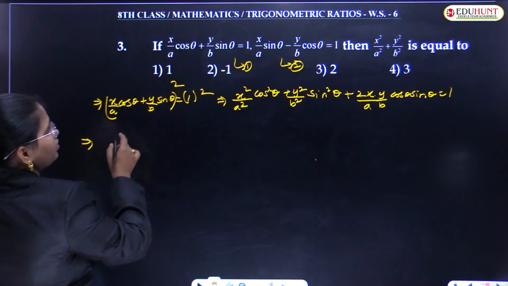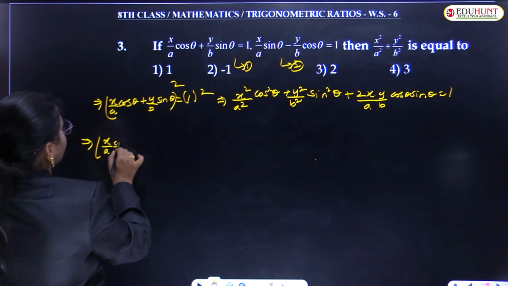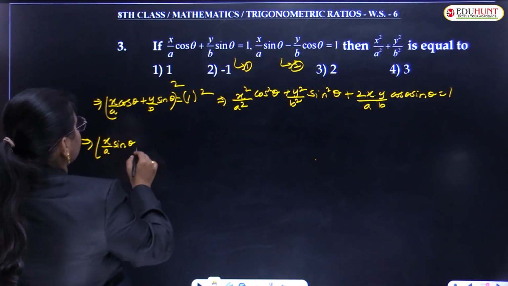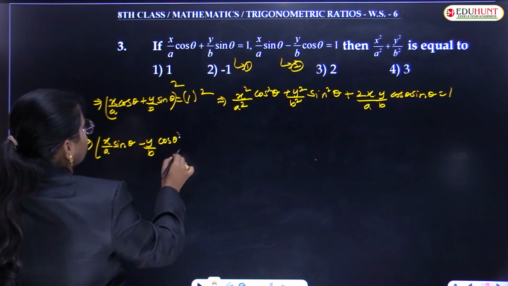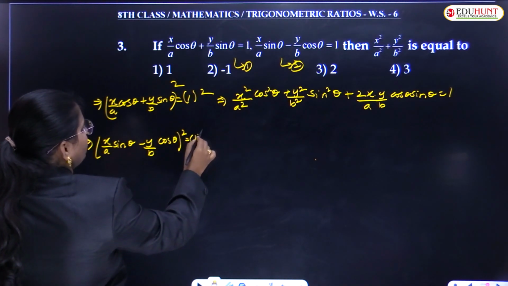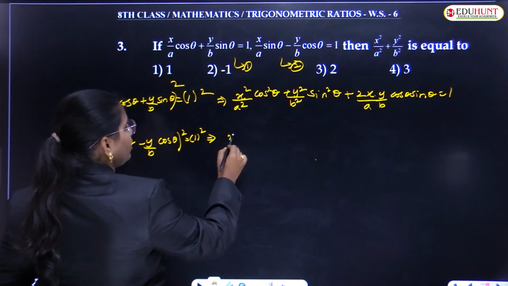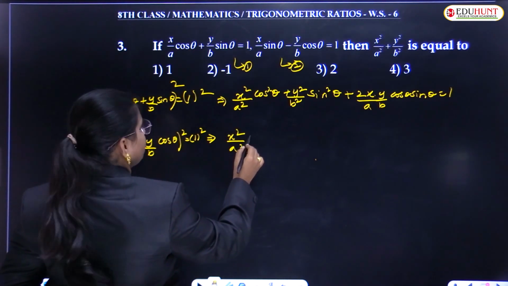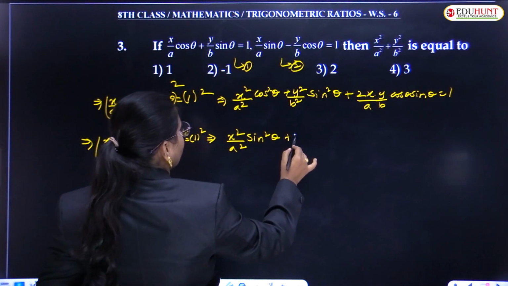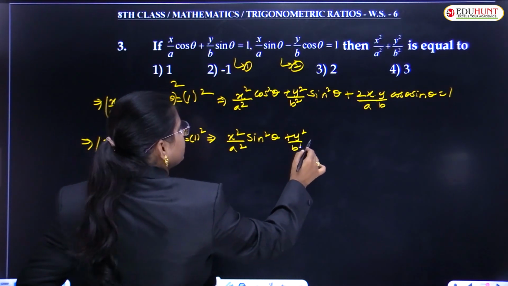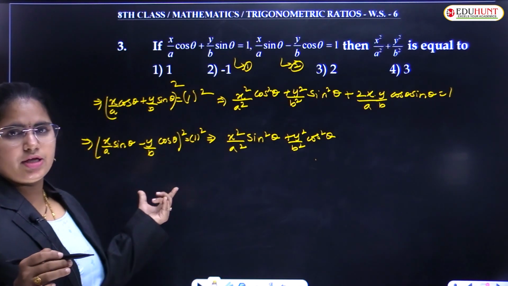So we'll do the squaring of the next one also. What is my next equation? x by a sin theta minus y by b cos theta, whole square. Doing squaring on both sides, what am I going to get? a minus b whole square: x square by a square sin square theta, next plus y square by b square cos square theta, and this will become minus 2ab, right?